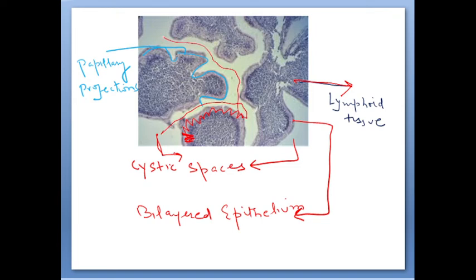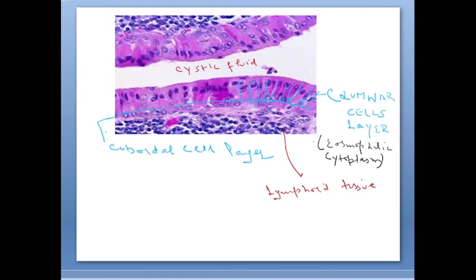All are cystic spaces. At higher magnification, the double layered epithelial cell layer is prominent. One layer is of tall columnar cells and another cell layer is of cuboidal cells.